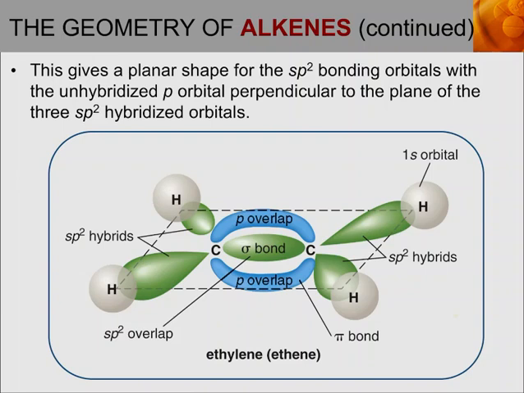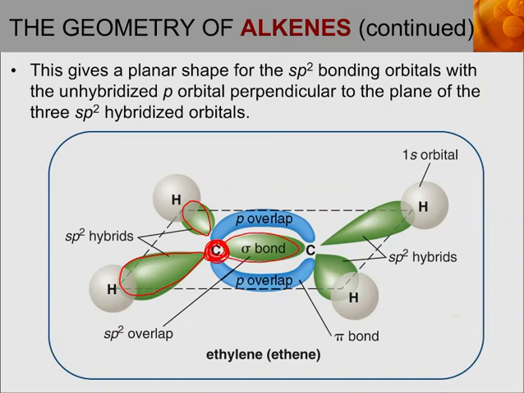Okay, so remember I mentioned that the sp2 hybrid orbitals will be kind of like in a triangle around the center of our atom. So let's pretend this is our center here. So we've got our sp2 hybrid orbitals in a triangle around that.